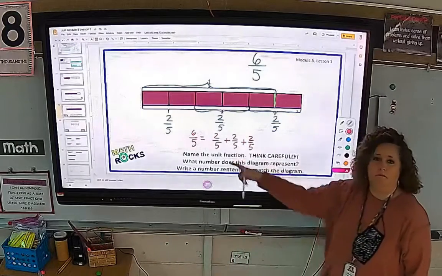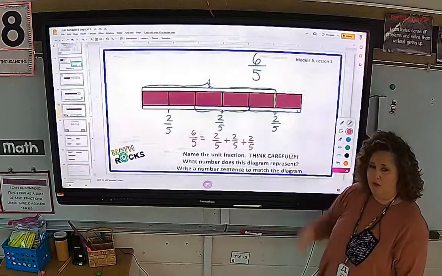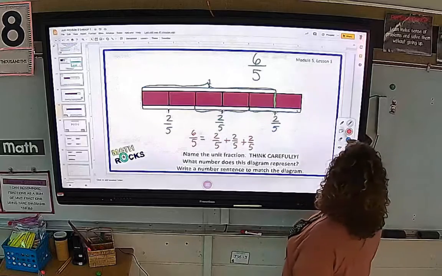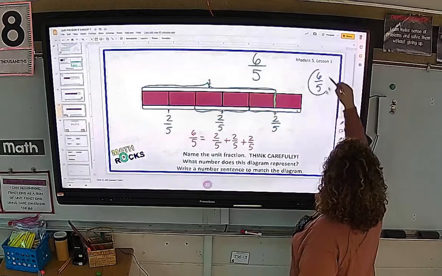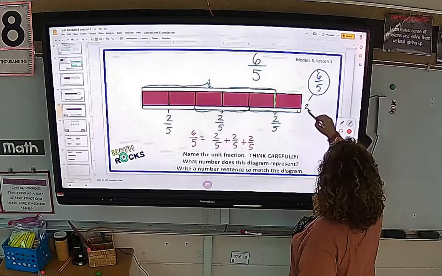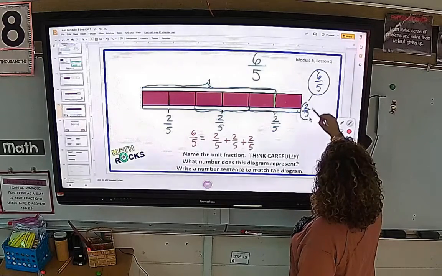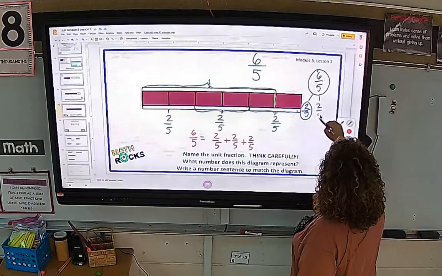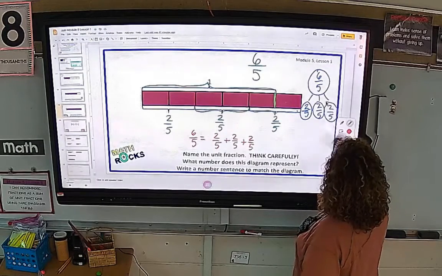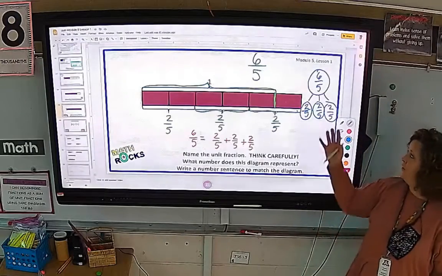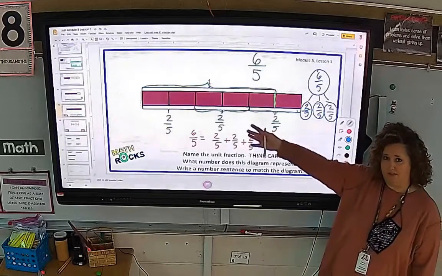If we use this same diagram and created a number bond, it would look like this. Okay, so there's our number bond to match this tape diagram.